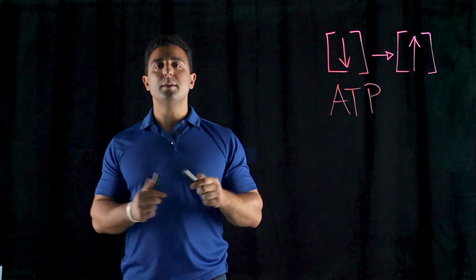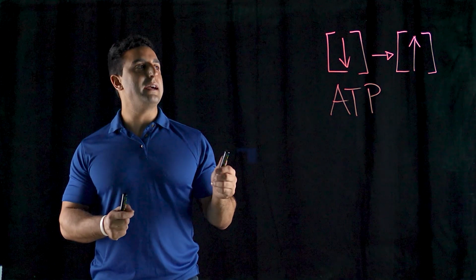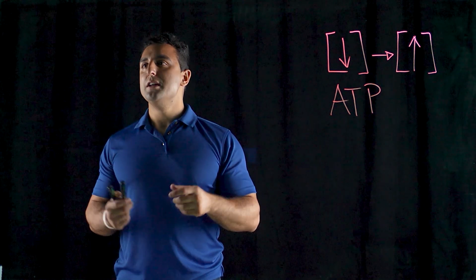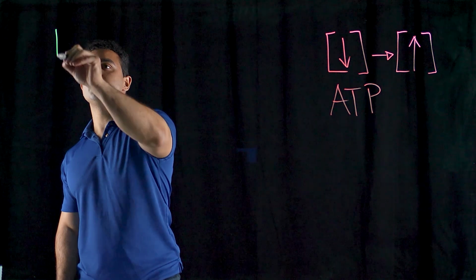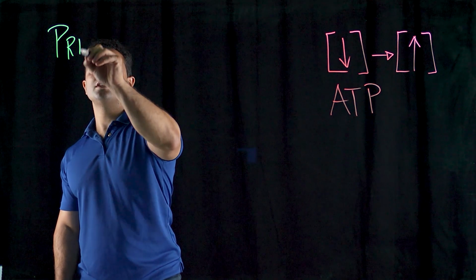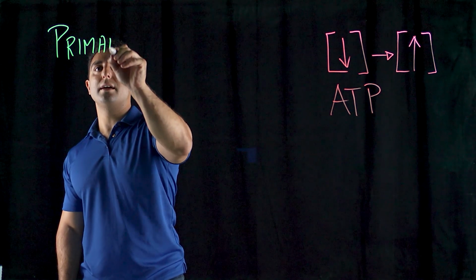Okay? So now we're going to talk about the different types of active transport. The first thing we have is called primary active transport. So we're going to put primary here. What are some examples of primary active transport?